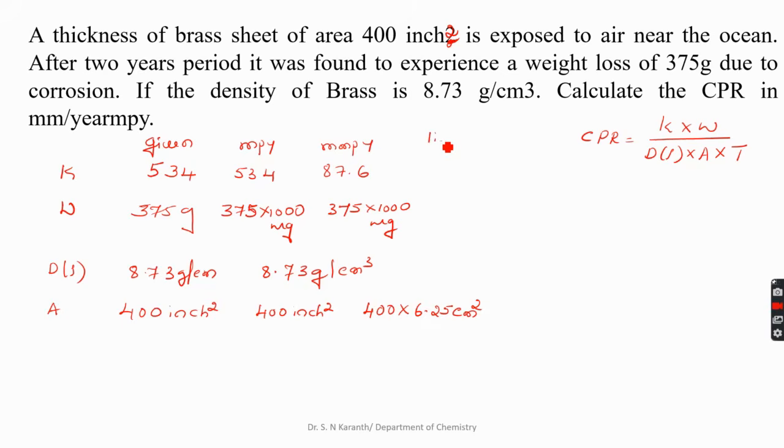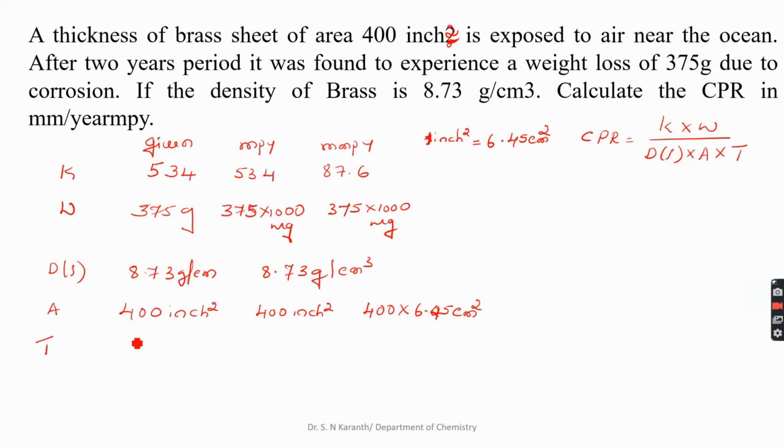That is 1 inch square equal to 6.45 centimeter square, that I apply.